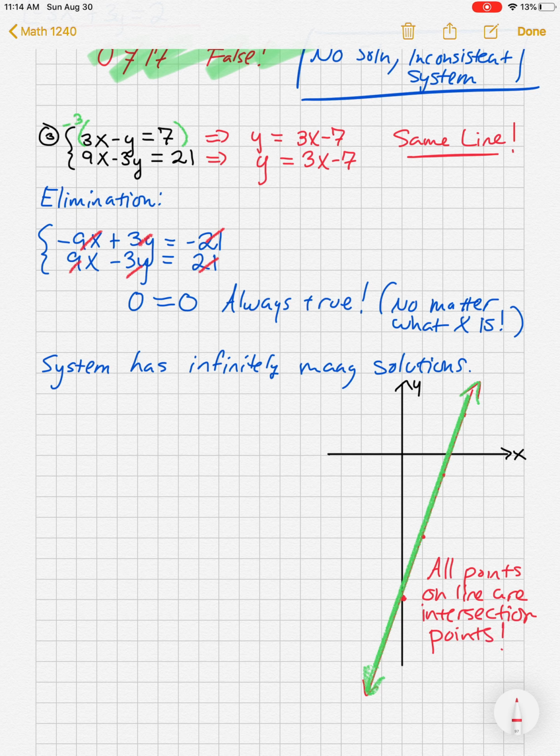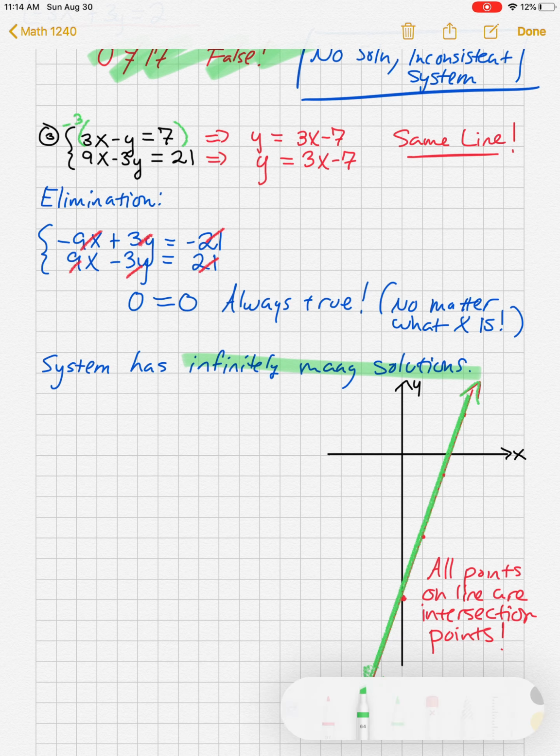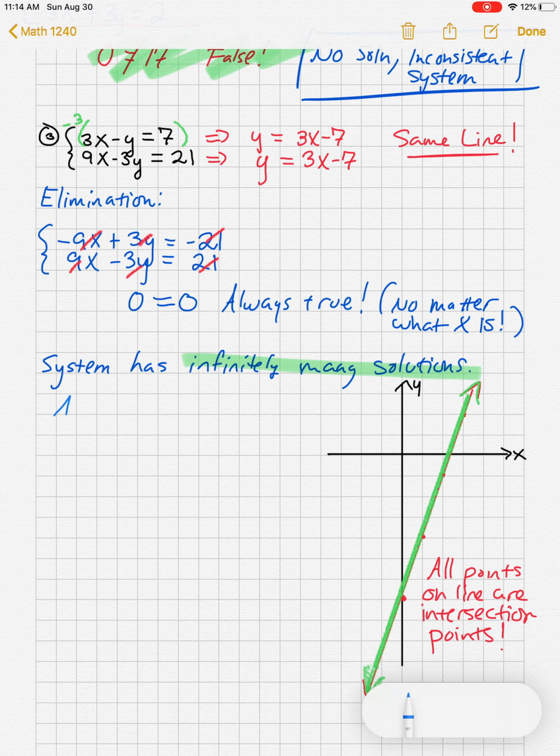In other words, the system has infinitely many solutions, yes, but where are all of those solutions? Well, all of those solutions are points on the line.